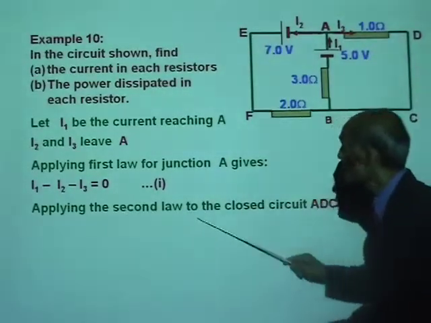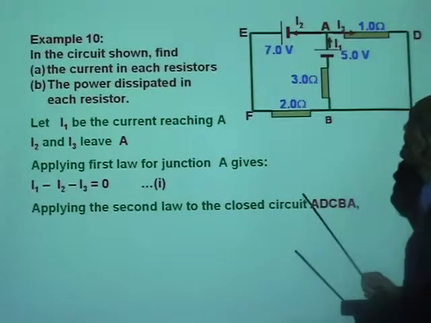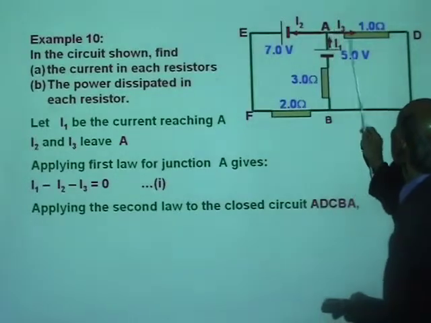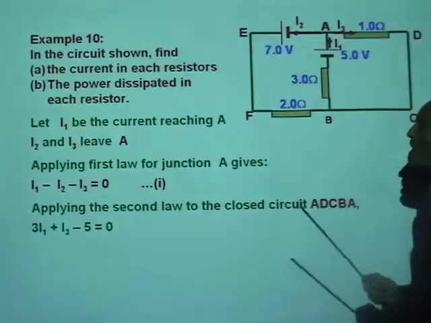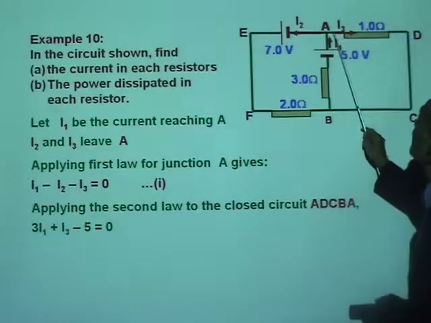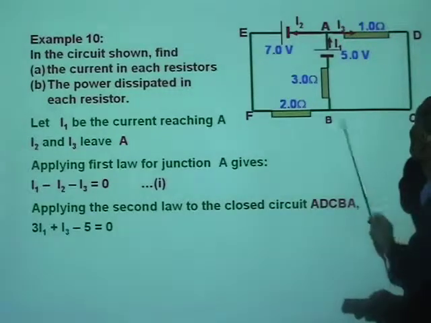Let's apply the second law to the closed circuit ADCBA. I would like you to do that on your own. The current and the loop are in the same direction in both cases.